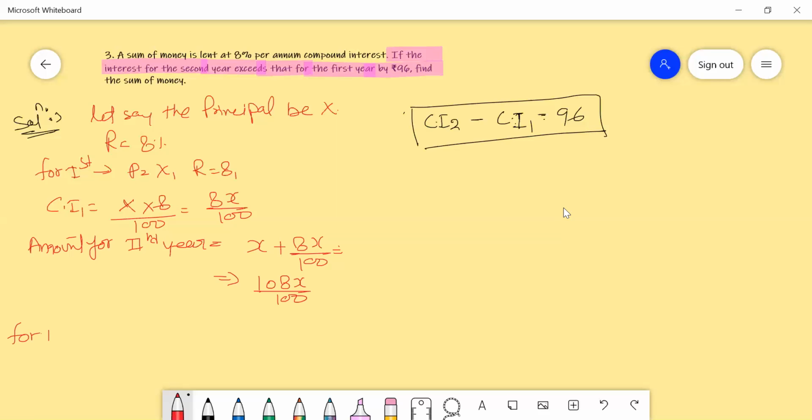For second year, CI2, this means compound interest for second year, the principal is 108x upon 100 into the rate of interest, that is 8, into 1 upon 100.